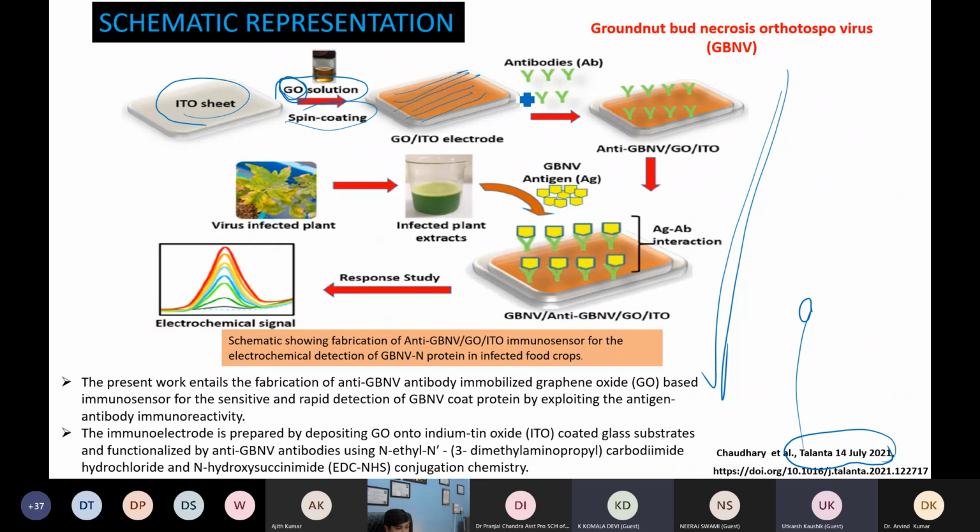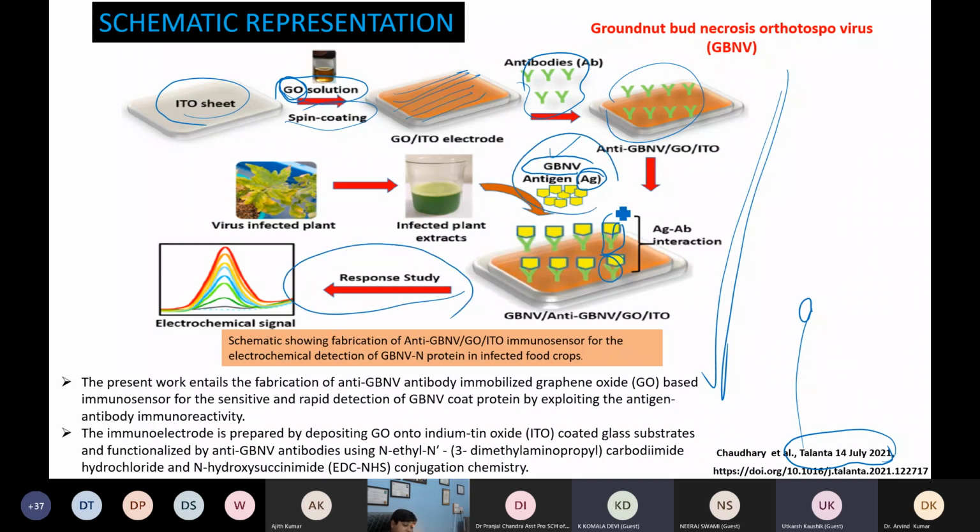Then you will put antibodies onto the surface. Now what will happen after putting the antibody? This groundnut bud necrosis orthotospovirus antigen, I'll just call it the GBNV antigen. When it makes a complexation here, then you can study the response.